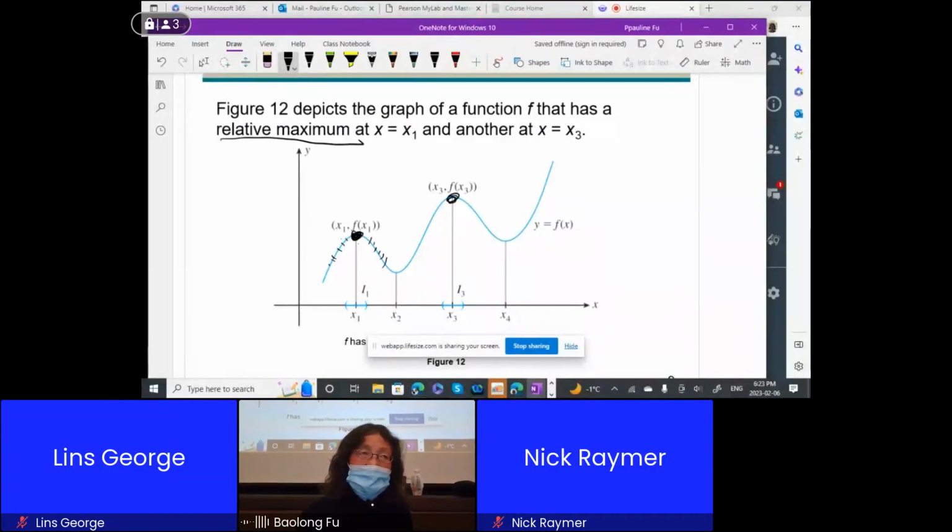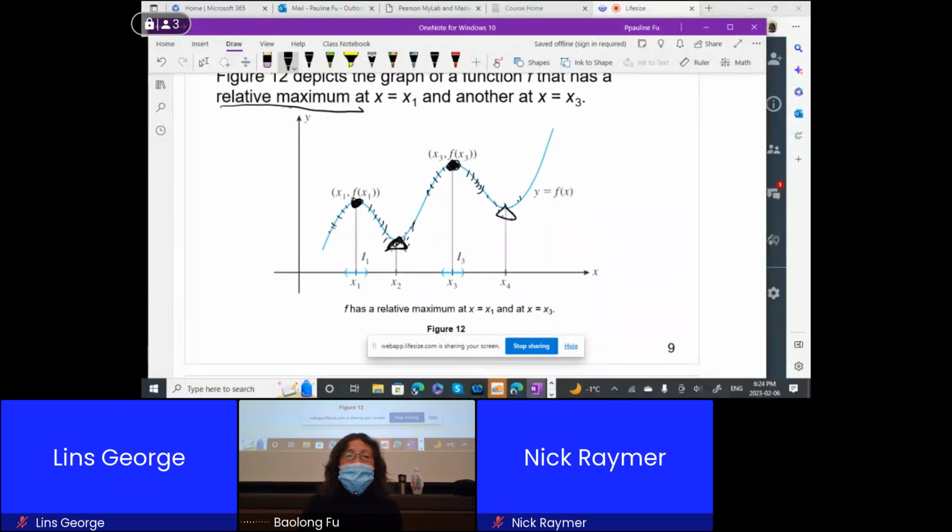This point is a relative maximum because this point is greater than the point nearby. So those are relative maximum. Can you identify which are the relative minimum? Yes. X2, X4. Perfect. X2, X4 are relative minimum because this point is smaller than nearby, and at X4 smaller than the point nearby.